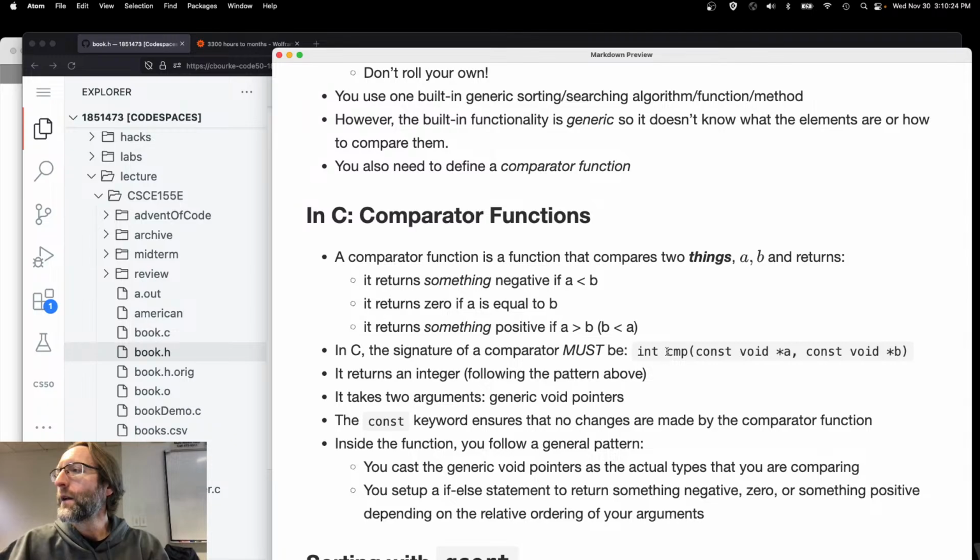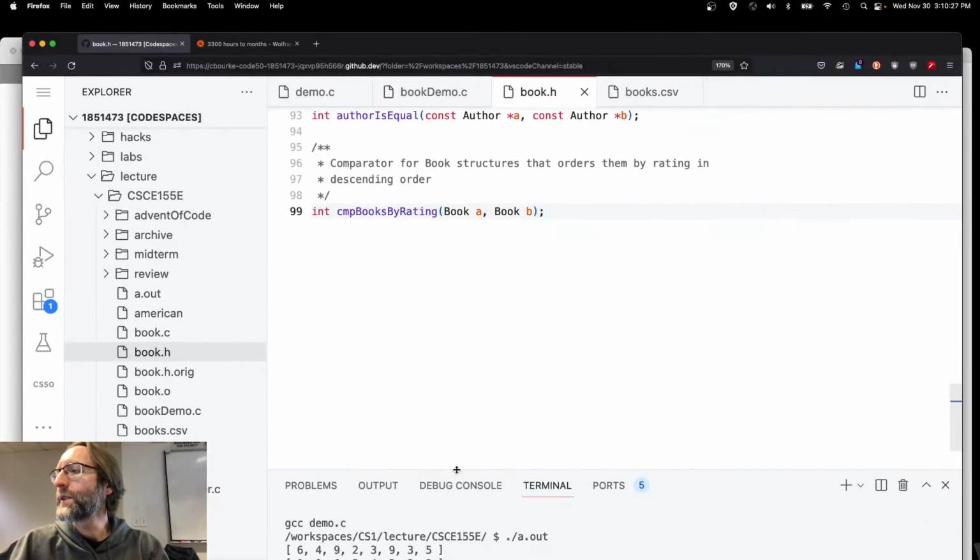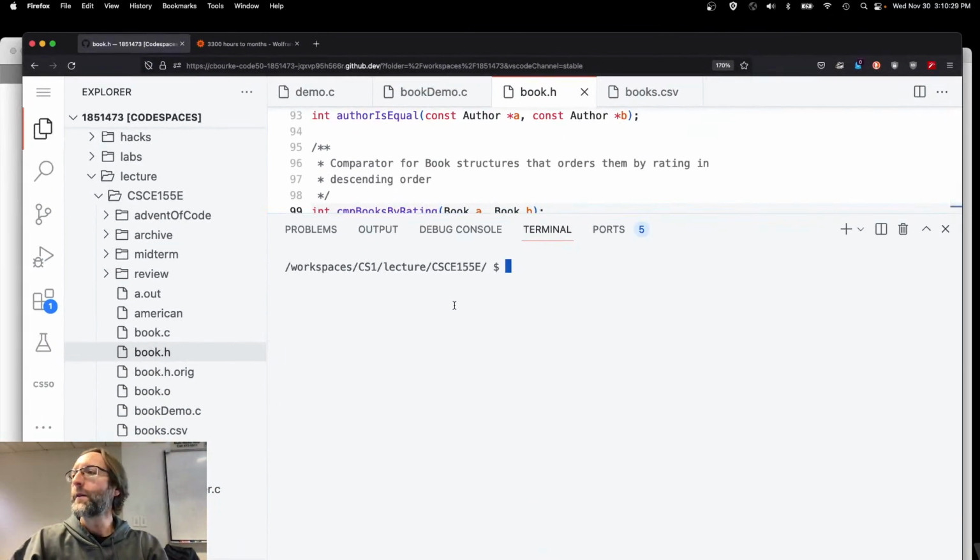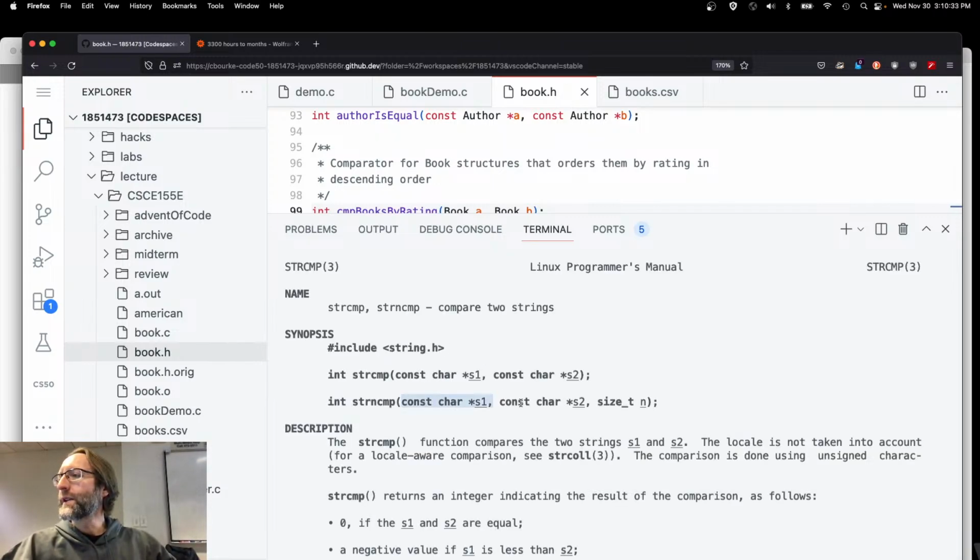That begs the question, what does strcmp look like? strcmp. Does it take two const void pointers? Sorry, right there. Nope. Is it technically a comparator? Nope. You would not be able to use this to sort, directly at least, an array of strings.